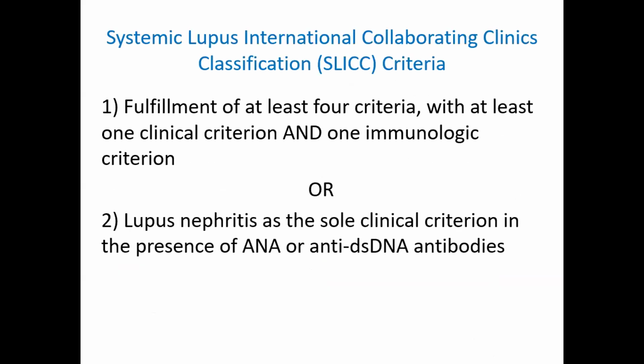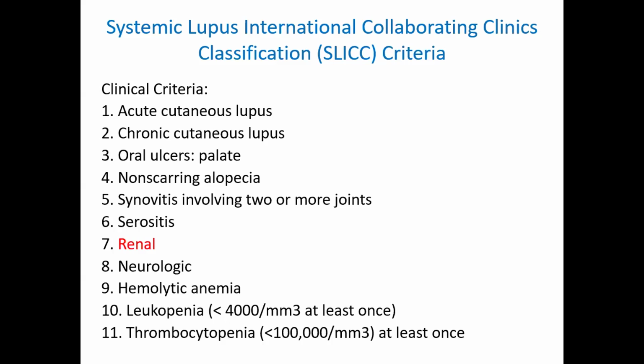In 2012, there was a criteria given, that is the SLICC, Systemic Lupus International Collaborating Clinics classification criteria, in which they said at least 4 criteria should be met, with at least 1 clinical criterion and 1 immunological criterion, or if the sole clinical criterion, lupus nephritis, is met with the presence of ANA or anti-dsDNA antibodies, then it qualifies the criteria.